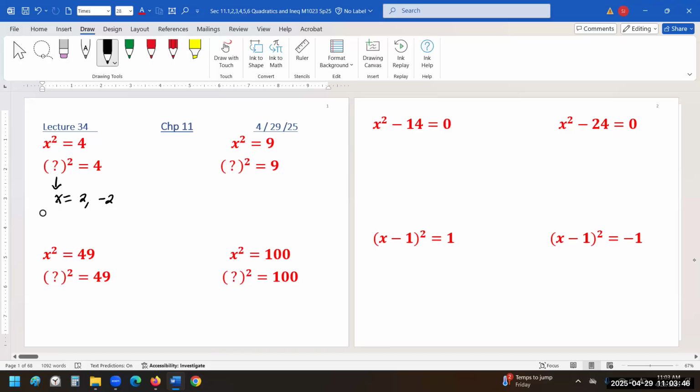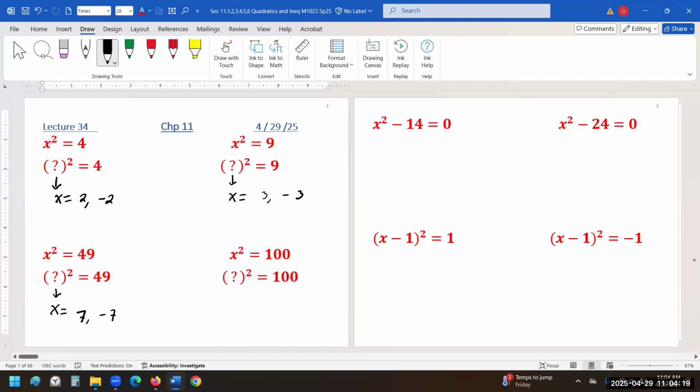Similarly, what square gives us 9? One of them is 3, but is 3 the only number? -3. How about 49? What number when squared becomes 49? Only 7? See, also -7.